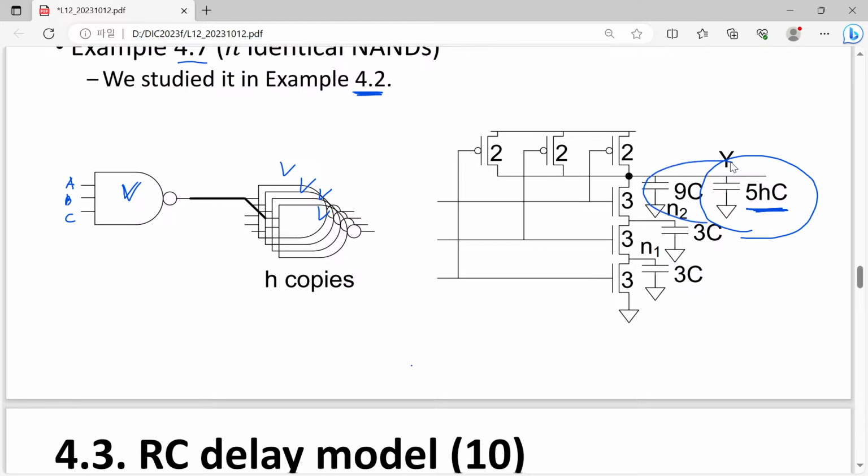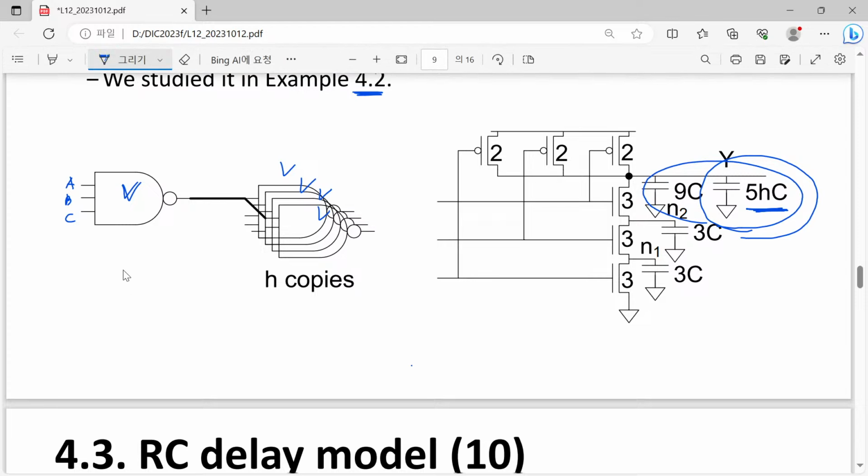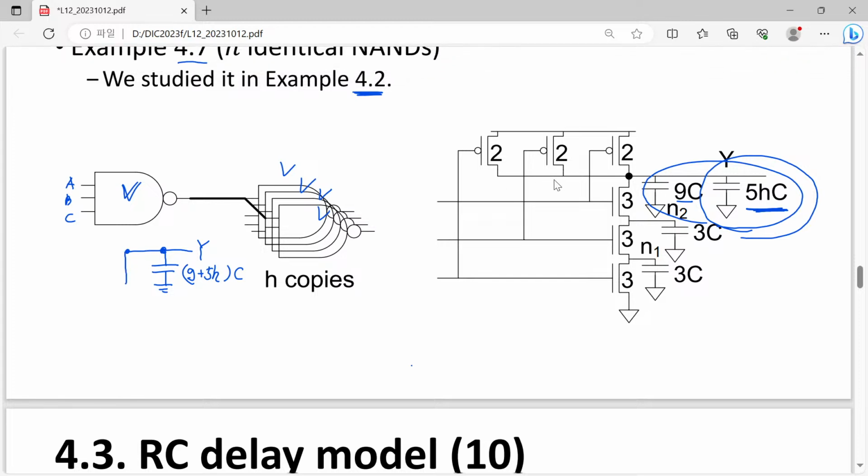So how about the overall capacitance connected to the Y point? Output is denoted as Y in this book. Then we can have 9 plus 5H times C, because they are in parallel.